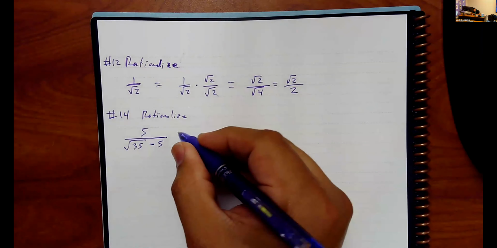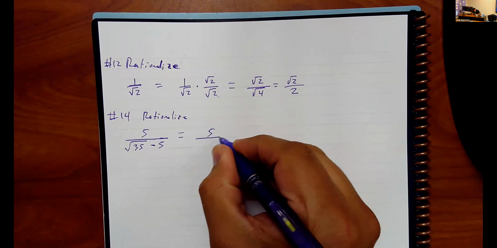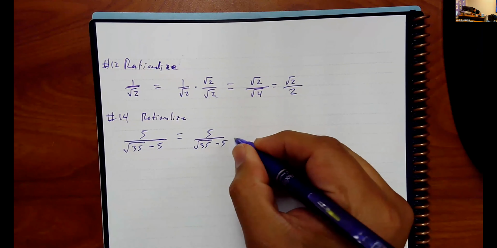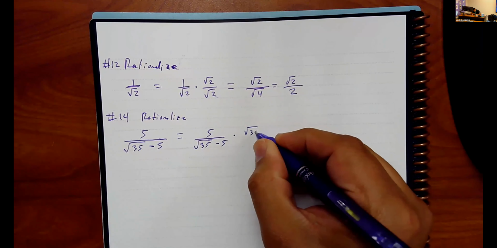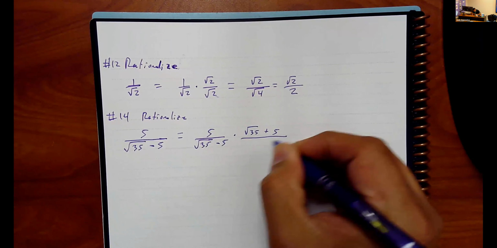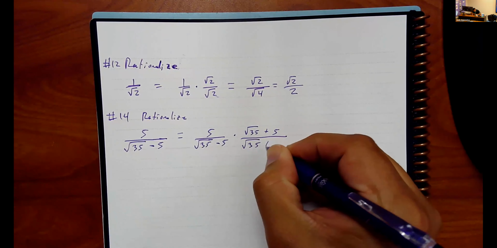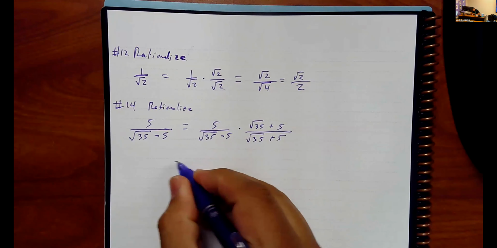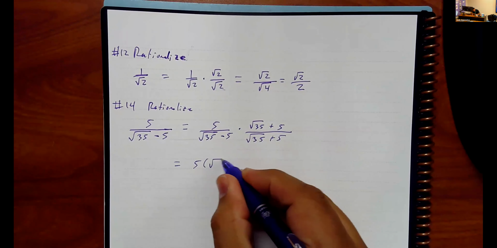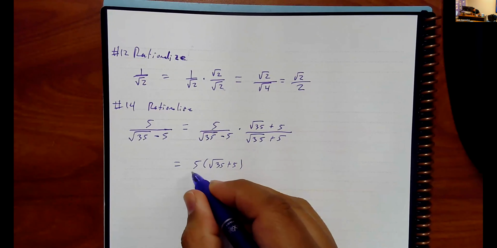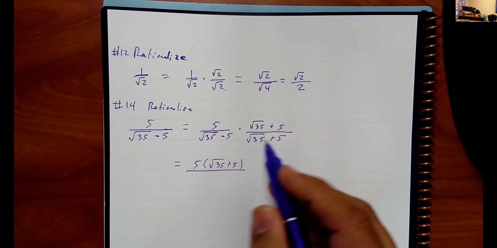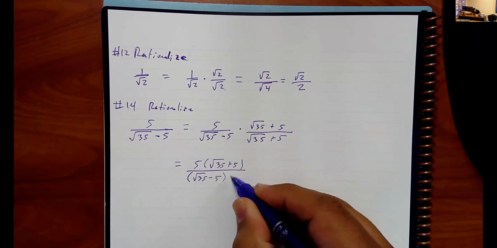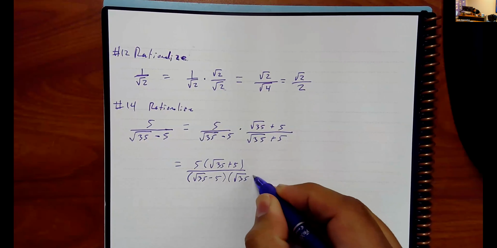So in order to rationalize, you have to take this term here and multiply by the conjugate, which is this, right? Same thing, but a plus. So this becomes 5 times this garbage over. Down here, we get a difference of squares. I'm hoping this looks familiar. You see what I'm saying?